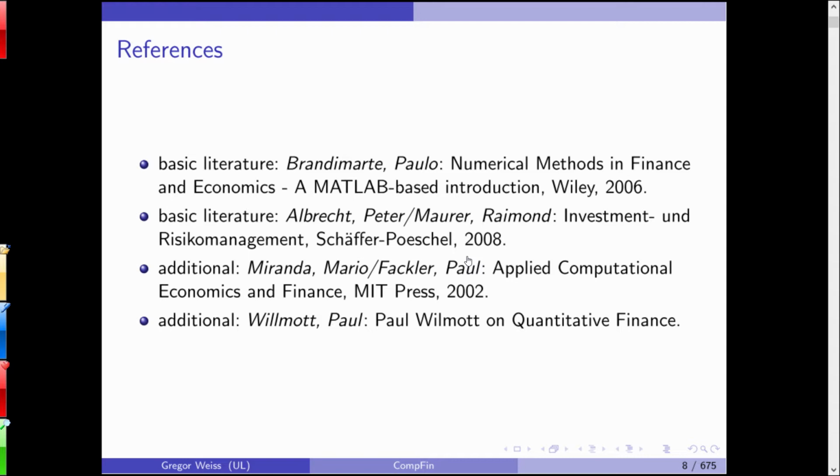And he created his own news magazine for quants, for quantitative finance traders. Because he's so active in this community, the magazine is also called Wilmot. So if you ever see Wilmot, it's a magazine for quants, by quants.